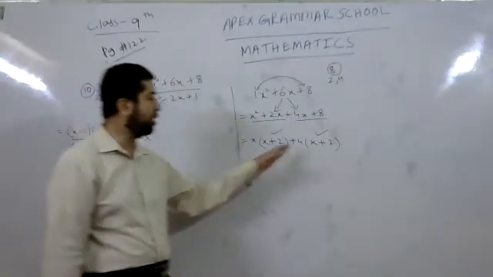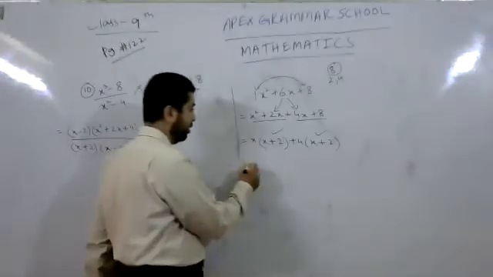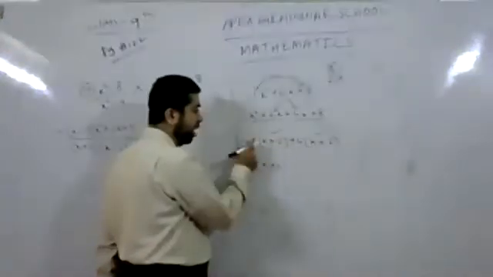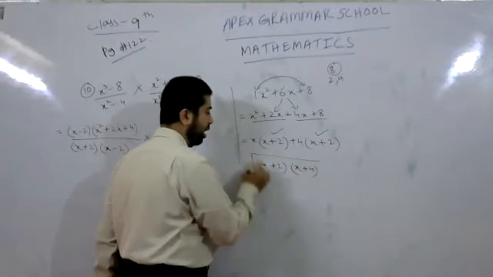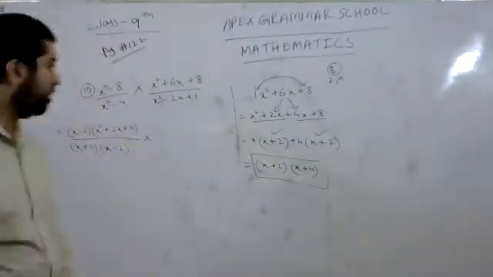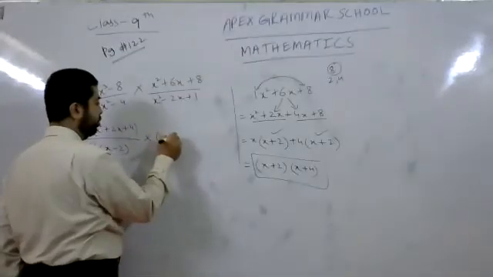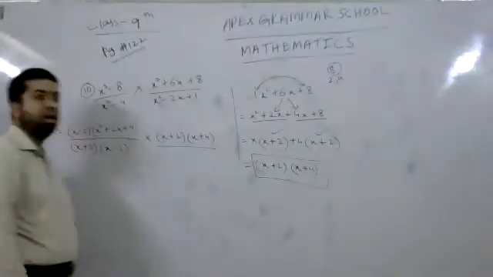If both factors are the same, then you need to write it only once: x plus 2. And this term without the bracket, you need to write after this factor. So its factorization is x plus 2 into x plus 4.